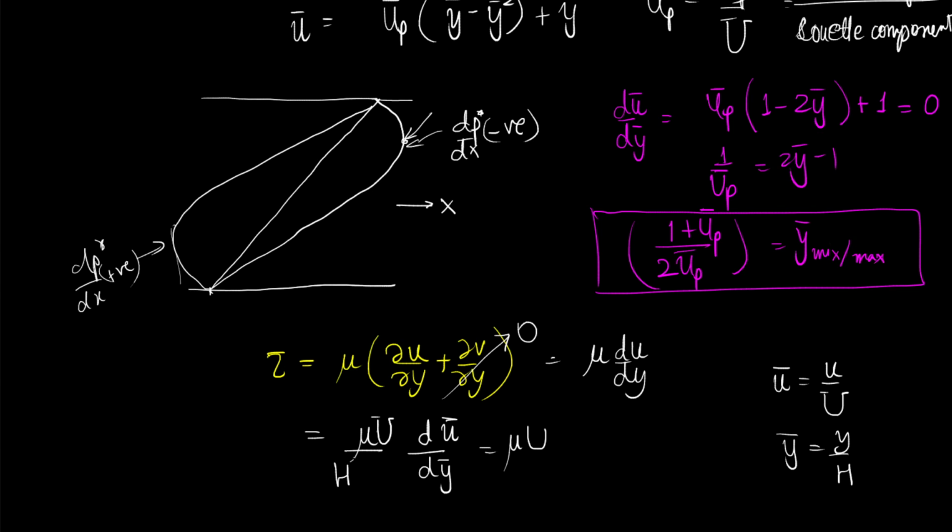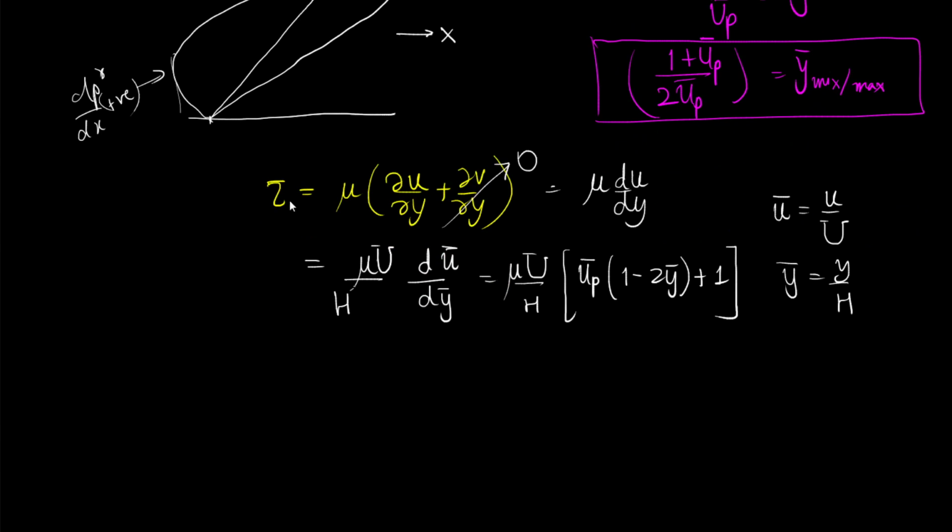So it is mu capital U upon h times du bar upon dy bar, and for du bar upon dy bar we can simply write down the expression. This is up bar times (1 minus 2y bar) plus 1, and we have to evaluate all this at y equal to 0 for the wall shear stress.